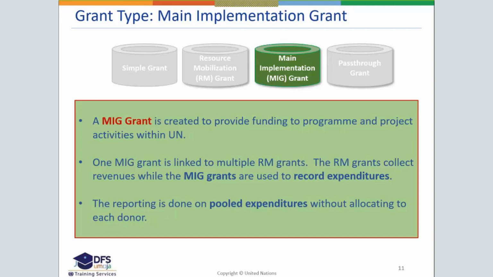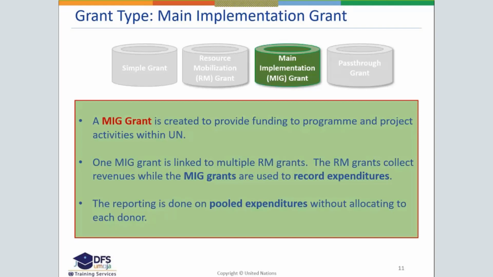So in this case of only one sponsor, but the contribution in a currency that is not dollars, we will use one single resource mobilization grant linked to one single main implementation grant, one-to-one. This is the framework 2 exception, it's called like that, and it's a specific case to implement this agreement.